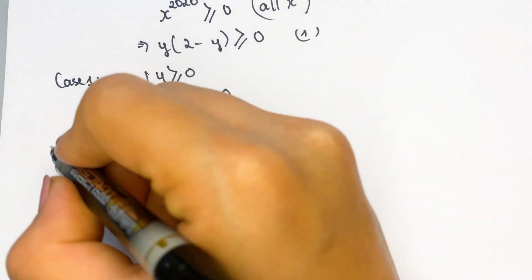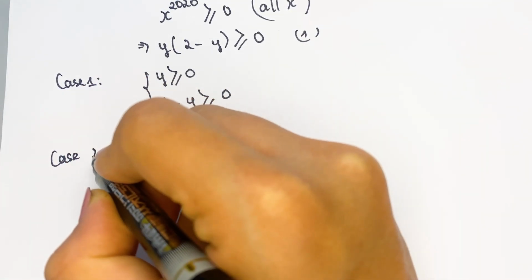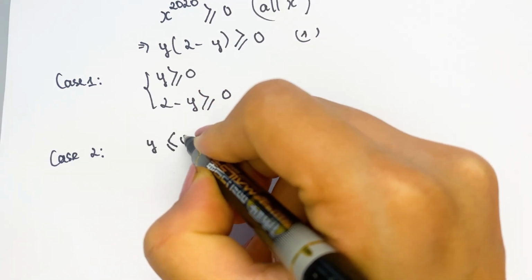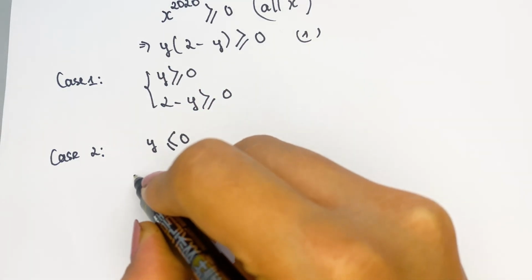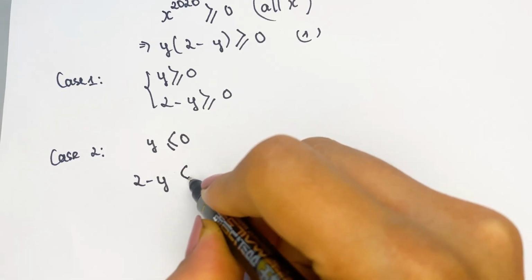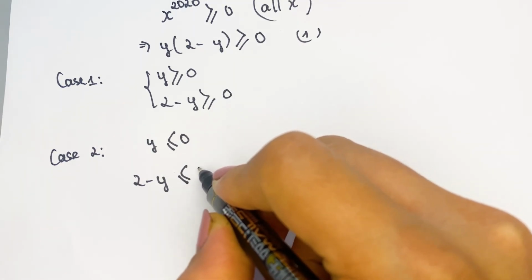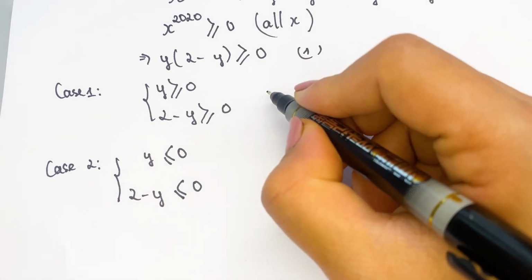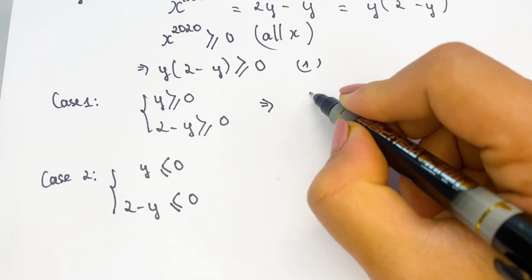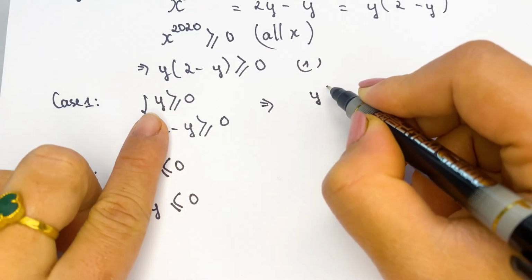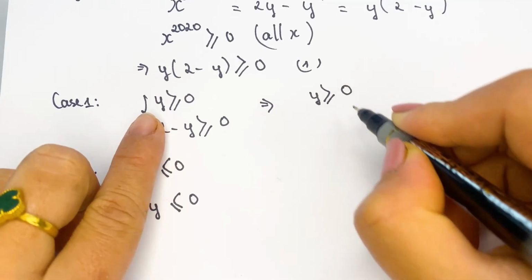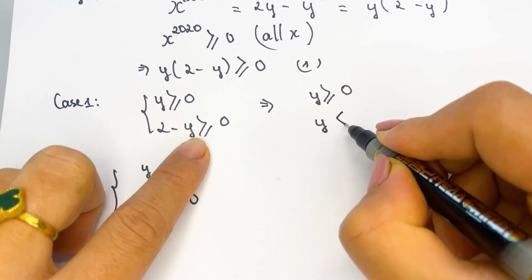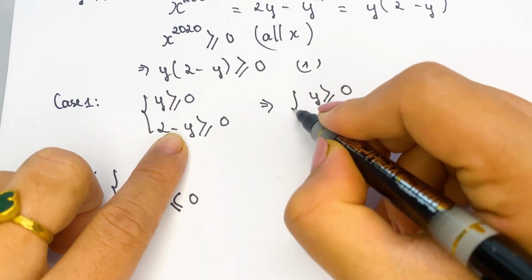And then for case number 2: y is smaller than or equal to 0 and 2 minus y is also smaller than or equal to 0, yes? So therefore for case number 1, we have y is greater than or equal to 0 and y is smaller than or equal to 2.